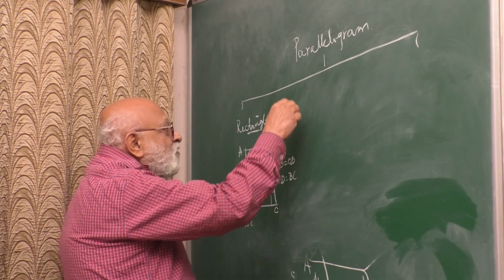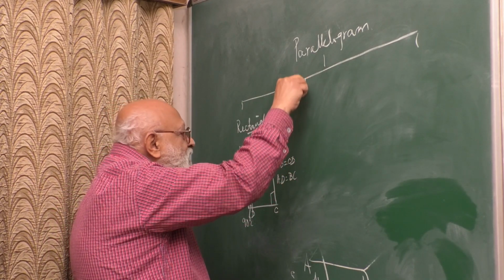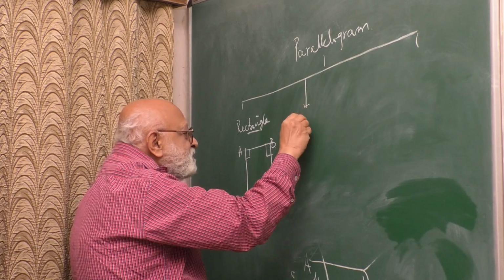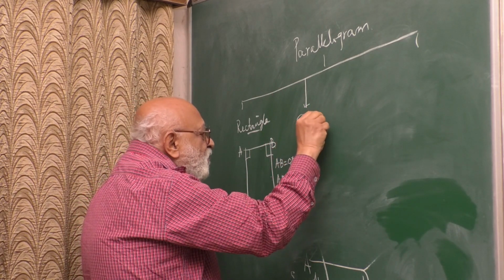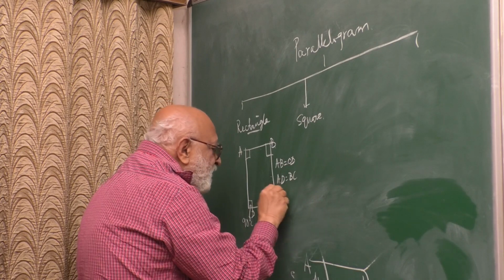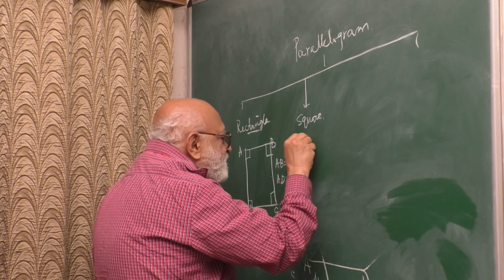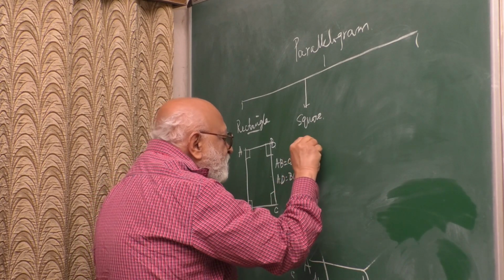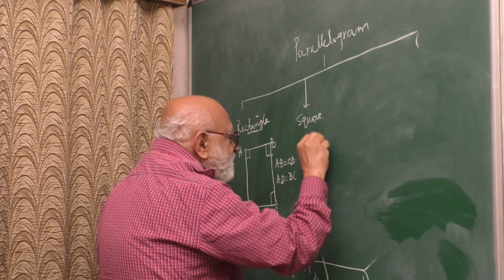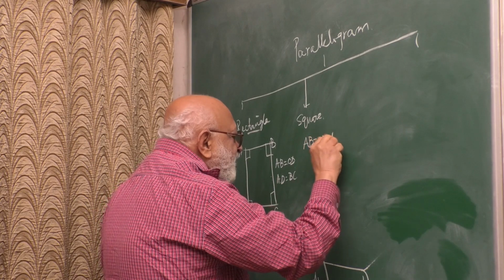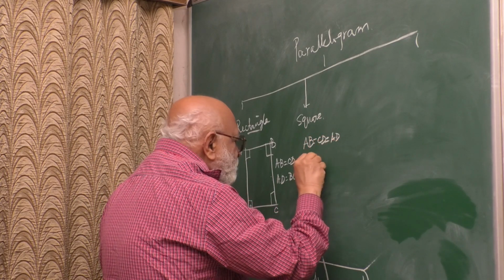Okay, now the second one, again on the shape, becomes a square. What is this in a square? In a square, all the sides are equal. AB equal to CD equal to AD equal to BC.